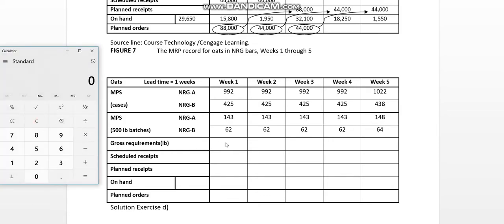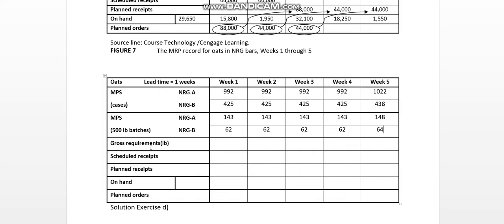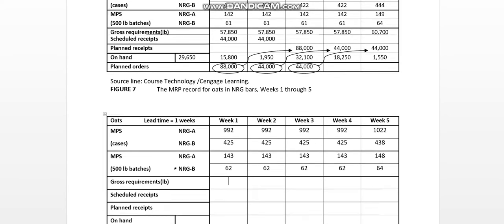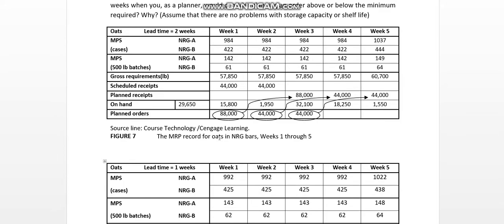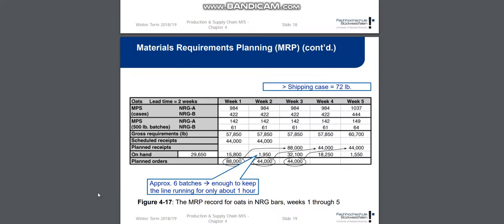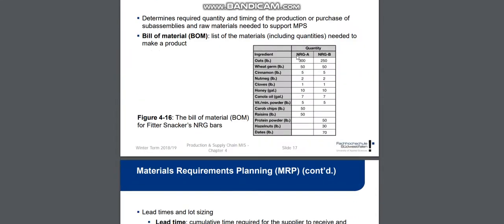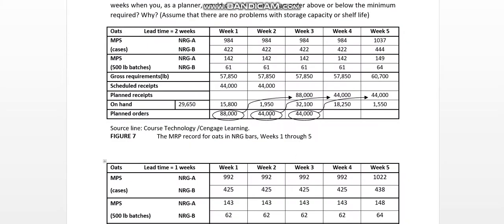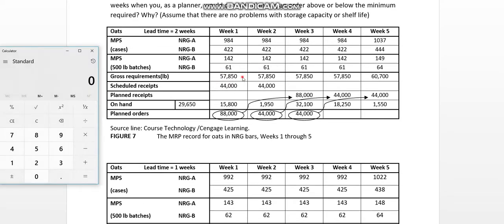Okay, so the next step is gross requirement. Here we have to take a look at the bill of materials. Here you can see the bill of materials. For the energy A, we need 300 pounds of oats, and for energy B, we need 250. Now we have to calculate total pounds. Let's take a look at how they calculated it here.